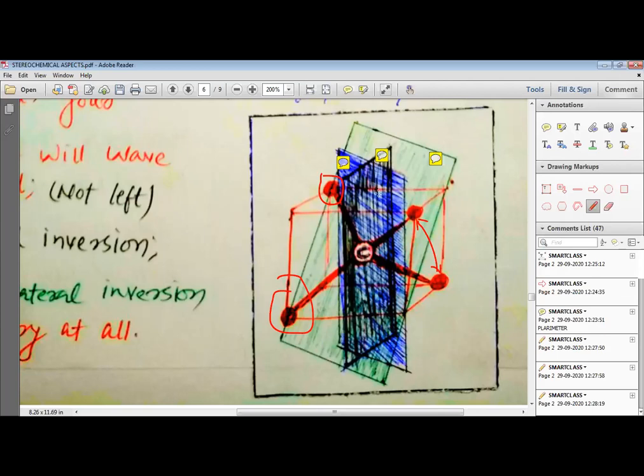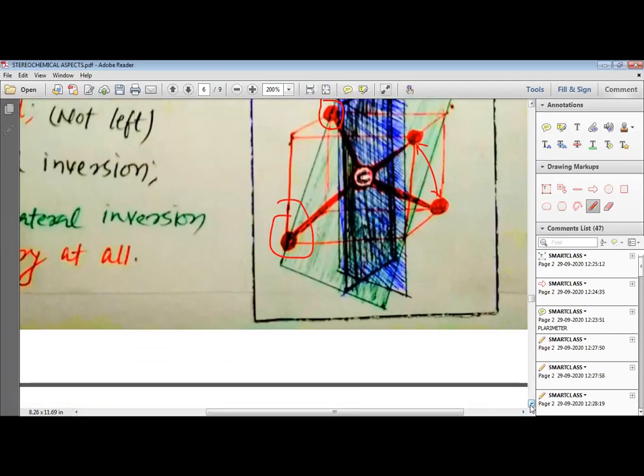Same way, my dear students, when you look at the blue plane, this blue plane cuts 2 atoms and the other 2 atoms become the mirror image. So this is known as the plane of symmetry for these carbon atoms, and this is how, my dear students, we truly understand the plane of symmetry.